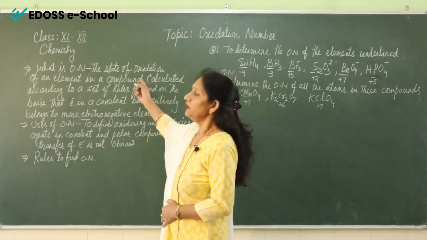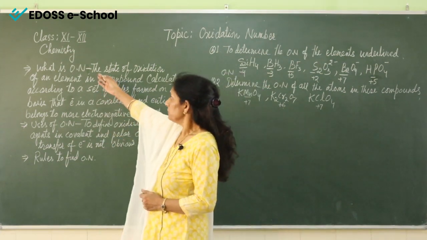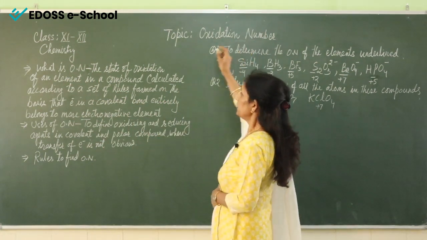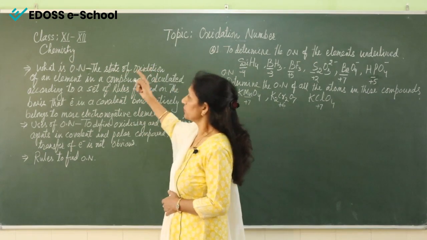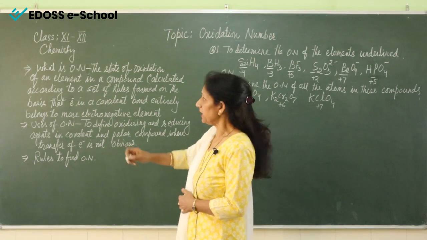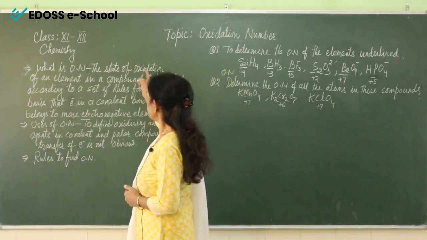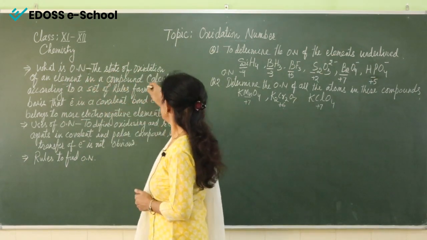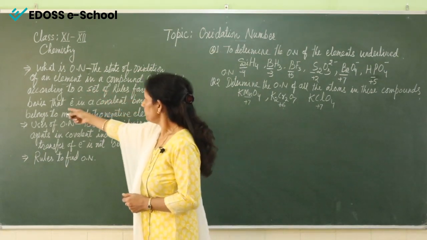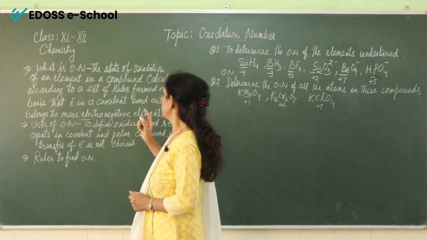So first of all, let us define what is oxidation number. If you want to explain it, we can say this is the state of oxidation of an element. The elements which are present in the compound, the state of oxidation of that element in a compound, when we calculate it according to a set of rules formed on the basis that the electron in a covalent bond entirely belongs to the more electronegative element.